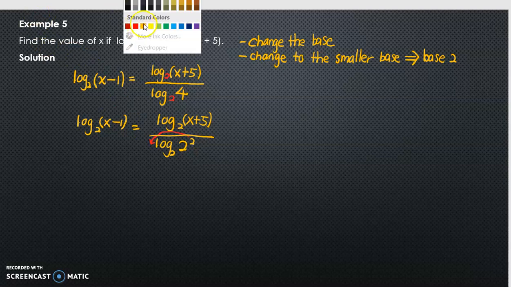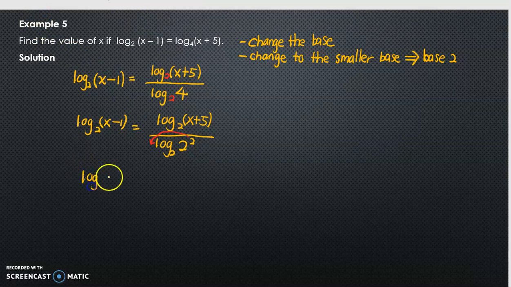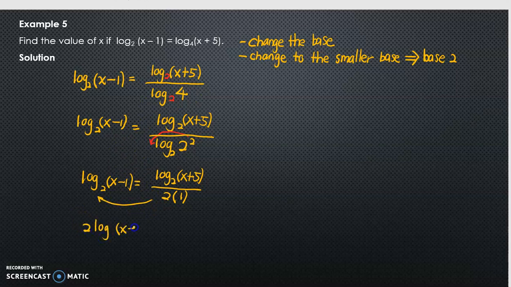So next step, log x minus 1 base 2 is equals to log x plus 5 base 2 over 2 log 2 base 2. Now log 2 base 2 is 1. So finally, I multiply 2 to the right hand side. I will have 2 log x minus 1 base 2 is equals to log x plus 5 base 2.